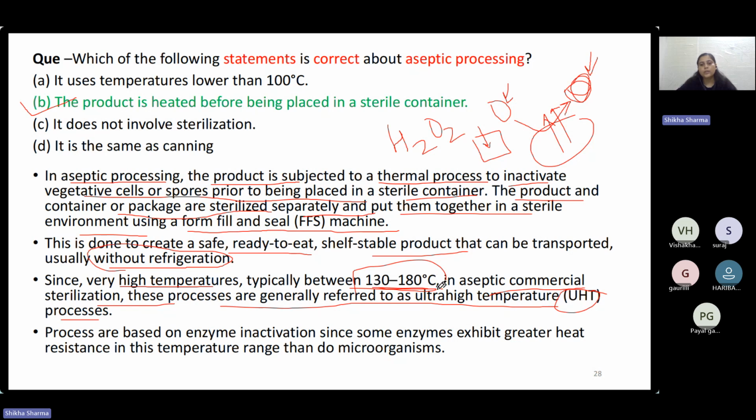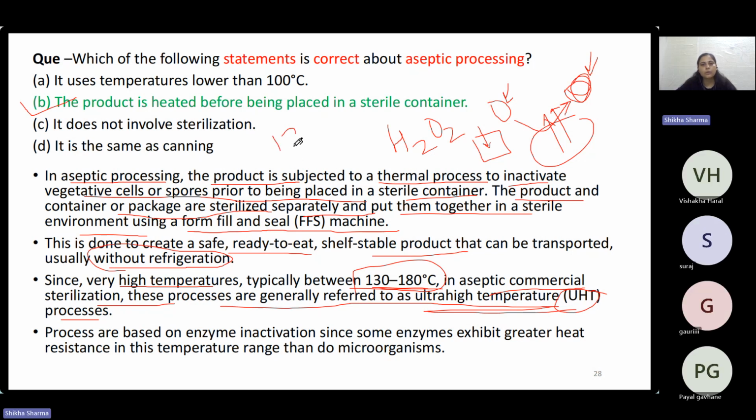Because it happens in a few seconds, the product is treated under UHT conditions and sterilized. Otherwise, the product would have to be sterilized at 121 degrees Celsius for 15 minutes, which would lose a lot of the quality of the food product. So it is better to use the UHT process, right?